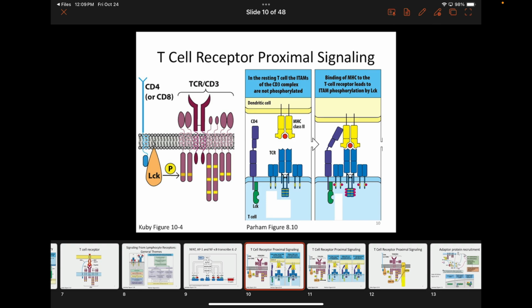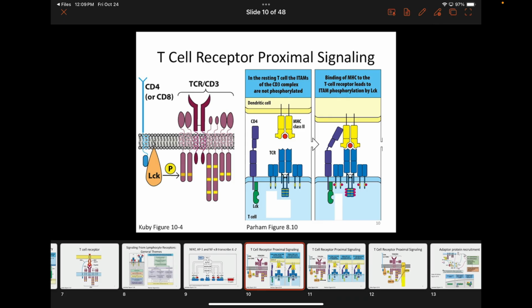When those extracellular domains get pulled close together, the intracellular domains are also close together. And so now we have this kinase that likes to hang out with CD4 or CD8 that's getting pulled really close to all of these ITAMs that are shown as little yellow bars.